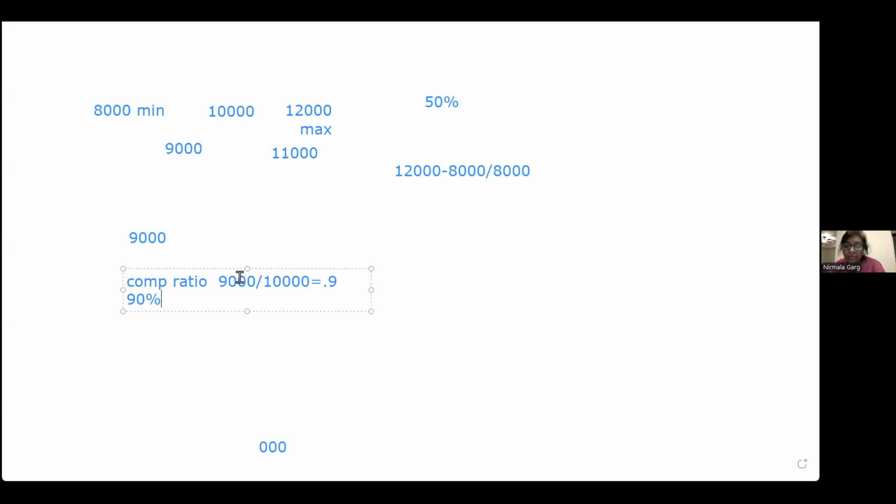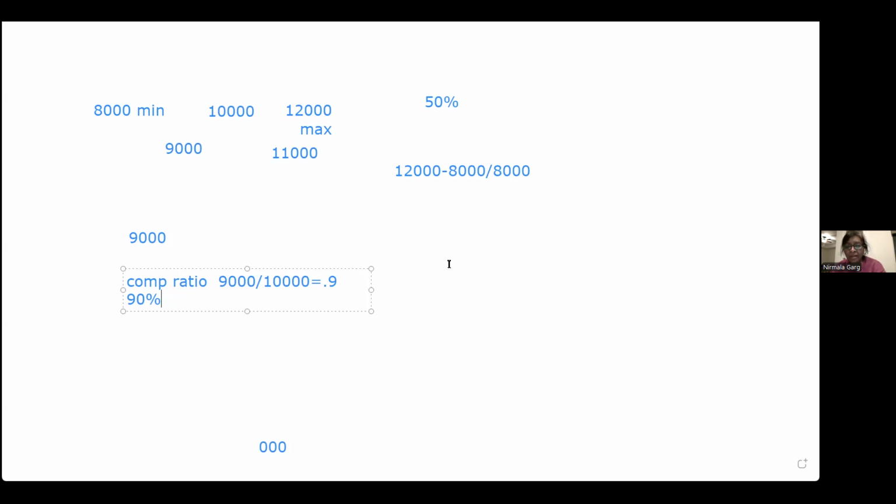Now, how does it help when you're comparing? There is a logic behind it. Anybody who is less than the midpoint is not really there yet. It could be an 80% comp ratio, which means you're still falling behind the midpoint.